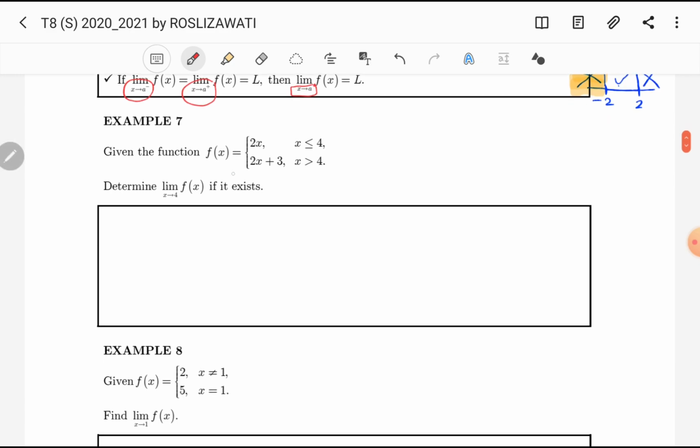Okay, given f(x), this is called a piecewise function. For this one, it changes at 4. For x less than or equal to 4, the function is 2x.